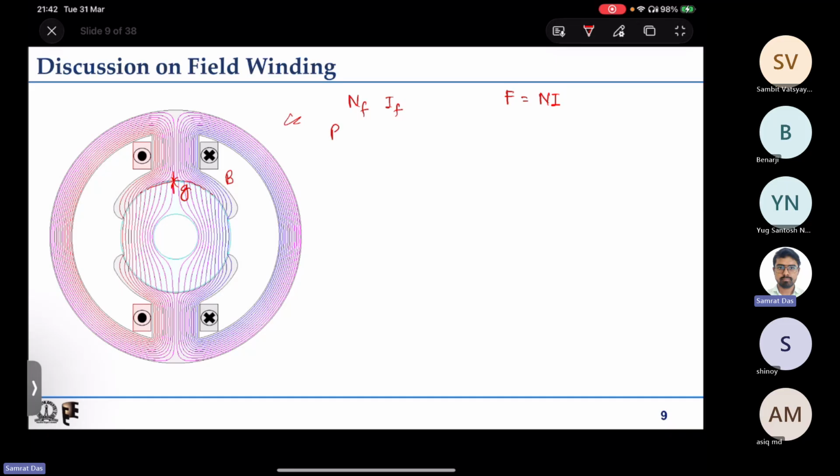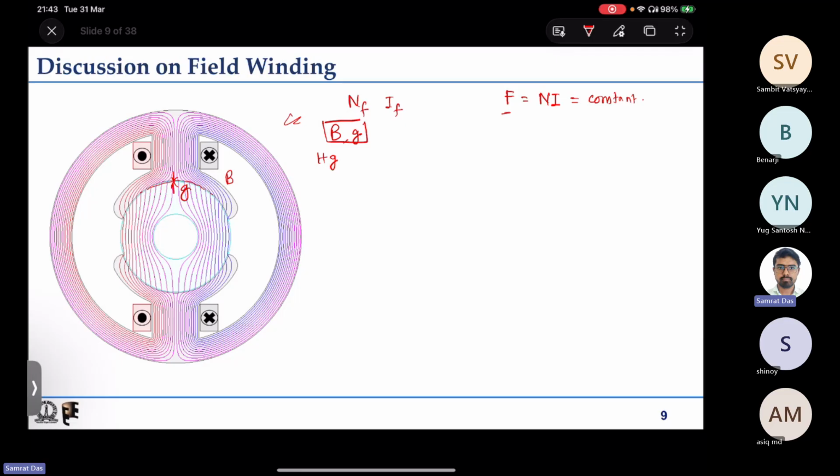If B is fixed and G is fixed, then H is fixed, and so H into G, the mmf, is also fixed. So F equal to Ni is constant as soon as we have fixed some B and G. That is, I think, clear.